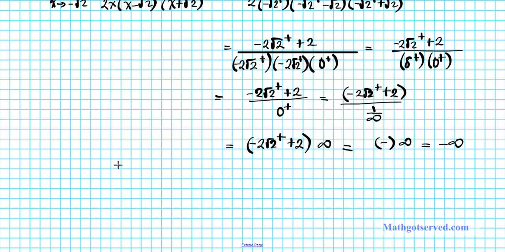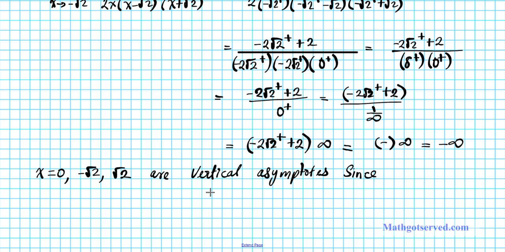So let's go ahead and write down our conclusion that these are vertical asymptotes using the limit definition of asymptotes. Okay, so x equals 0, negative root 2, and root 2 are vertical asymptotes, since, remember, just one direction is sufficient for us to draw a conclusion.